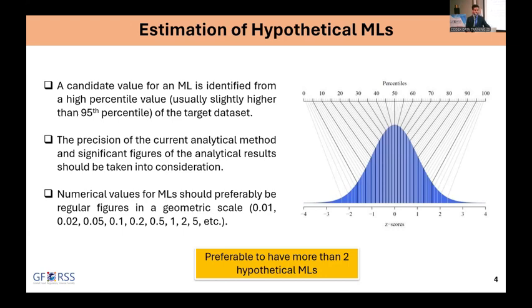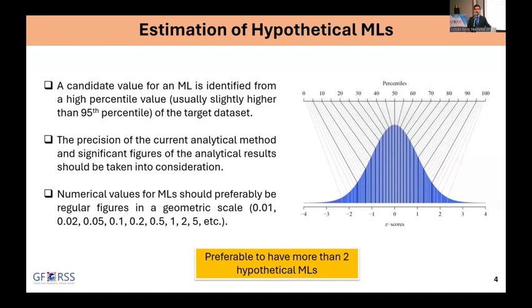The precision of the current analytical method and significant figures of the analytical results should be taken into consideration when I propose an ML. Do I propose my ML as a value of 10, 15, 5, or as a value of 15.1, 5.2, or as a value of 0.62, 0.65, 0.74, or 0.5, 0.6, 0.7?